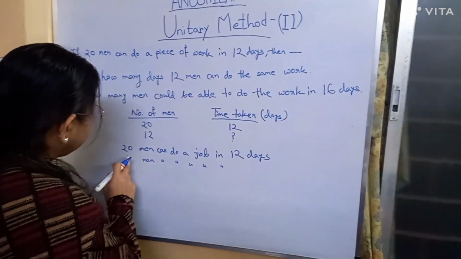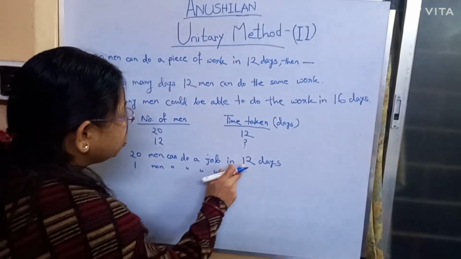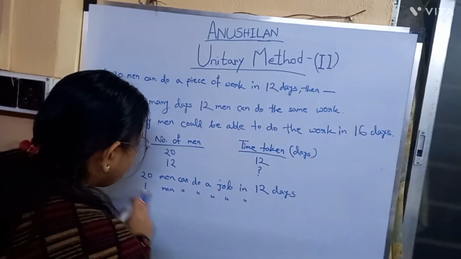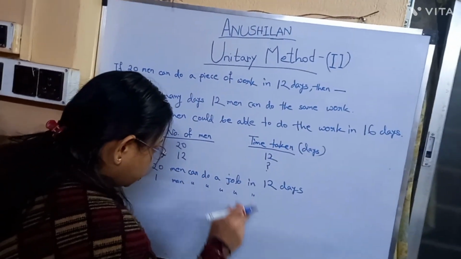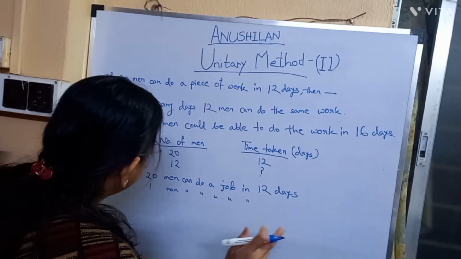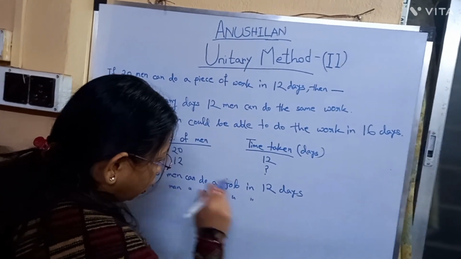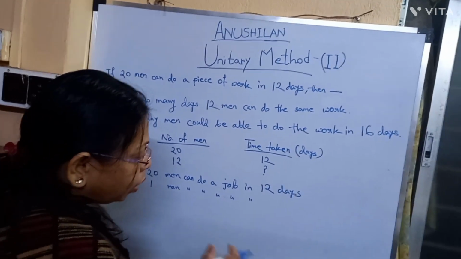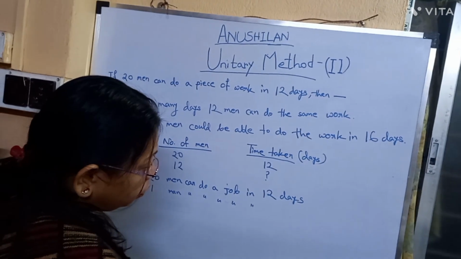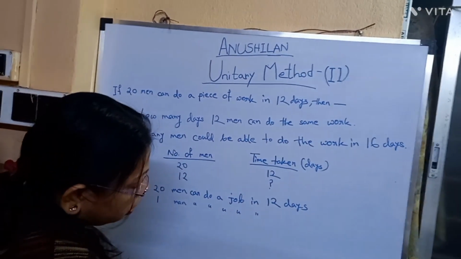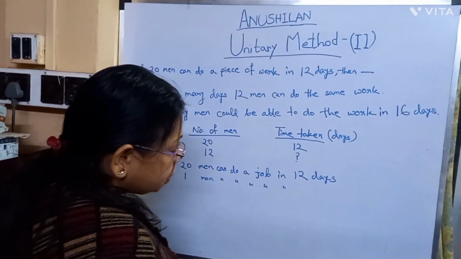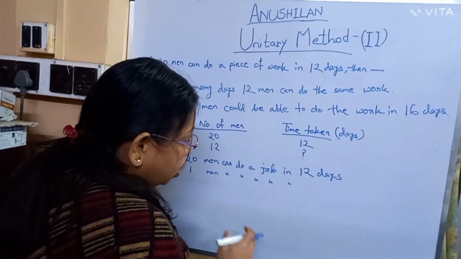Now look at the problem. 20 men can do a job in 12 days. Suppose one man has to do the whole work. Then what will be the required days? Will it be more or less? Tell me, just think about it.